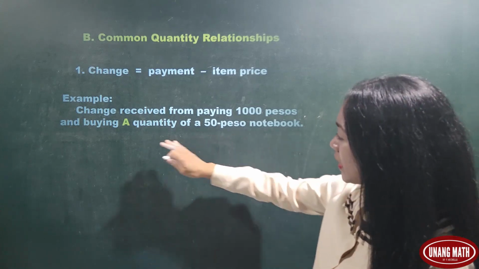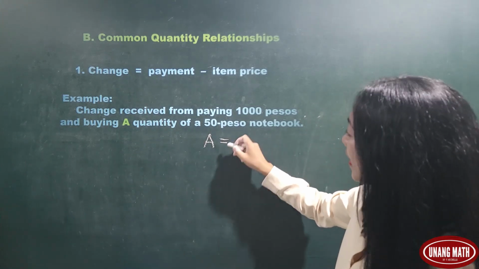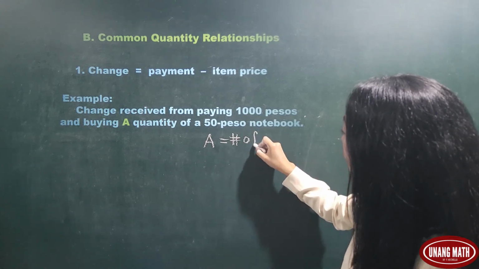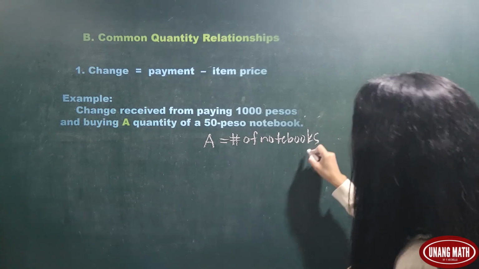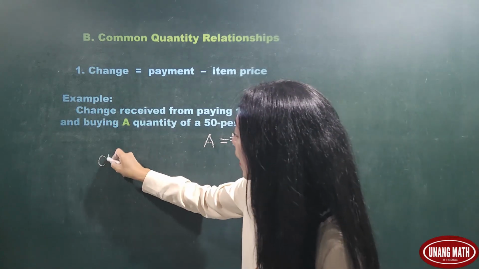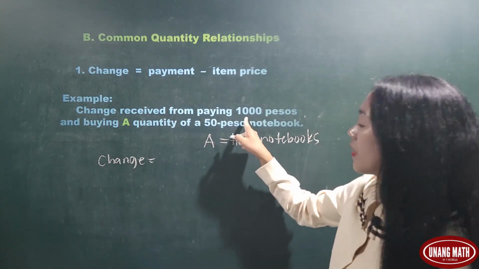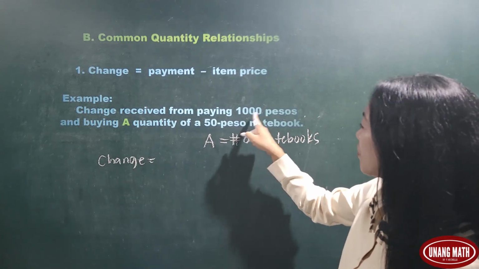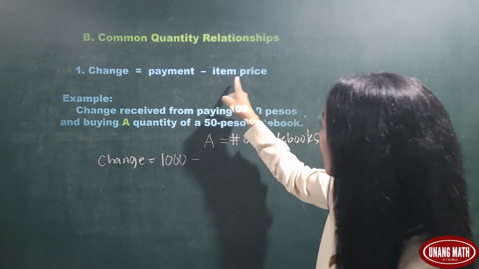Okay, the unknown quantity is represented by variable a. So a is the number of notebooks that we want to buy or get. So what will be our equation? Change is equal to payment, which refers to 1,000 pesos, minus the item price.